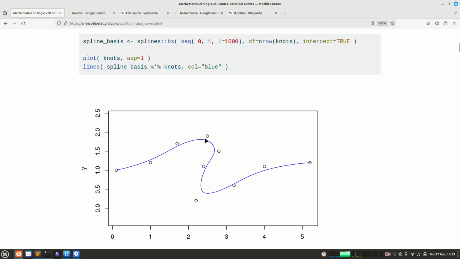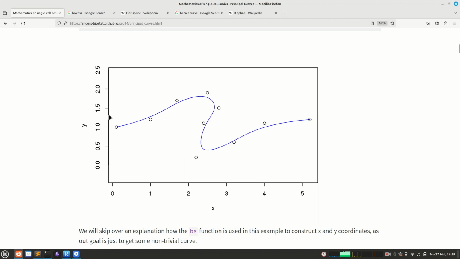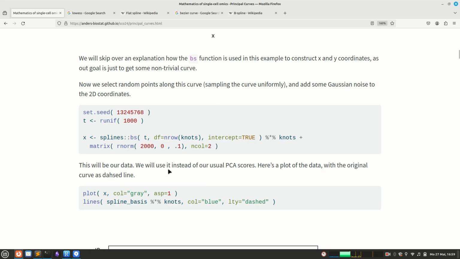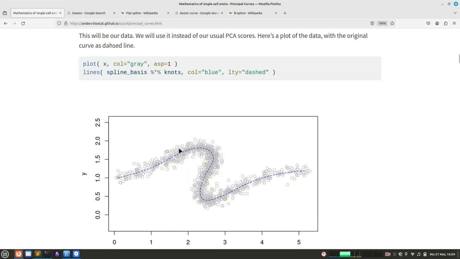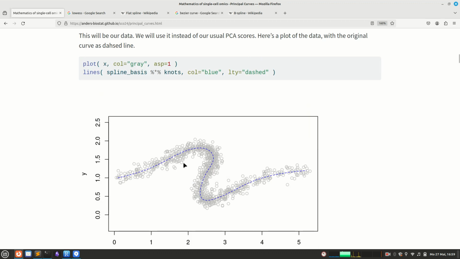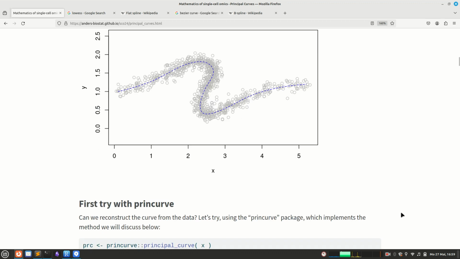But in the end, I get this blue curve, including its little back things, which helps us to remember that this is a curve and not a function of x to y. And I add to that now my noise, just a random noise that I've put here with standard deviation 0.1, and I add this to both the x and the y coordinate, and then I get these gray values.